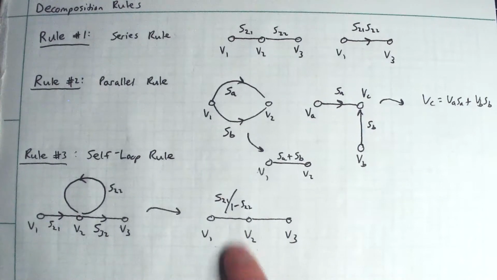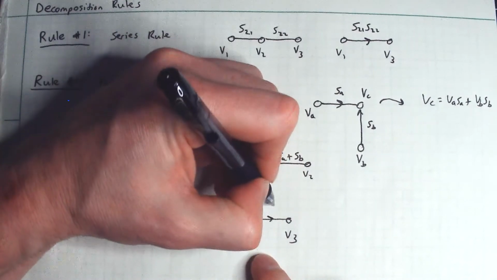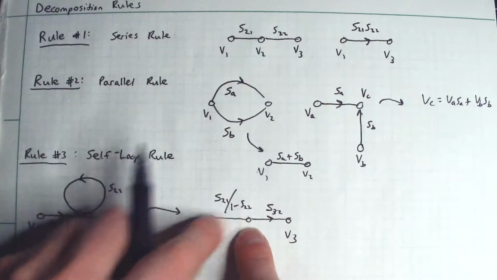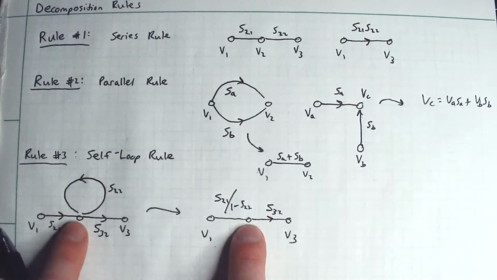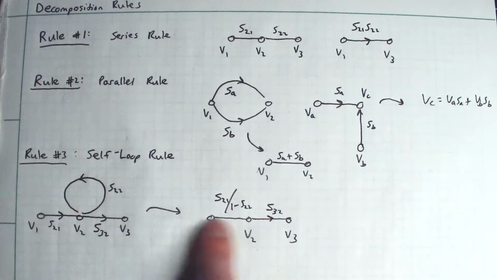Don't ask us to prove that; we're just going to take that as a rule. And this is still S32, so nothing over here has changed because this node was just feeding onto itself.